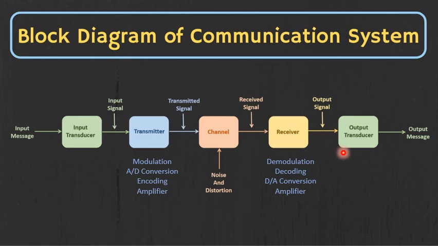This output transducer could be a speaker, or even the display screen of a smartphone or a monitor. So this is the basic block diagram of a communication system and a little overview of how the information or the message is transmitted from one point to another point.